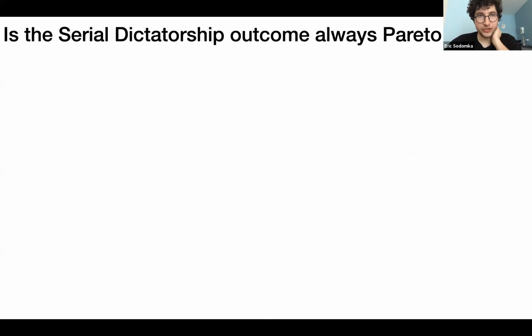So that's one notion of goodness. Now you could ask questions about these mechanisms. Is the outcome of serial dictatorship always Pareto optimal? And is random allocation always Pareto optimal? I think we can say very clearly that random allocation is not always Pareto optimal.